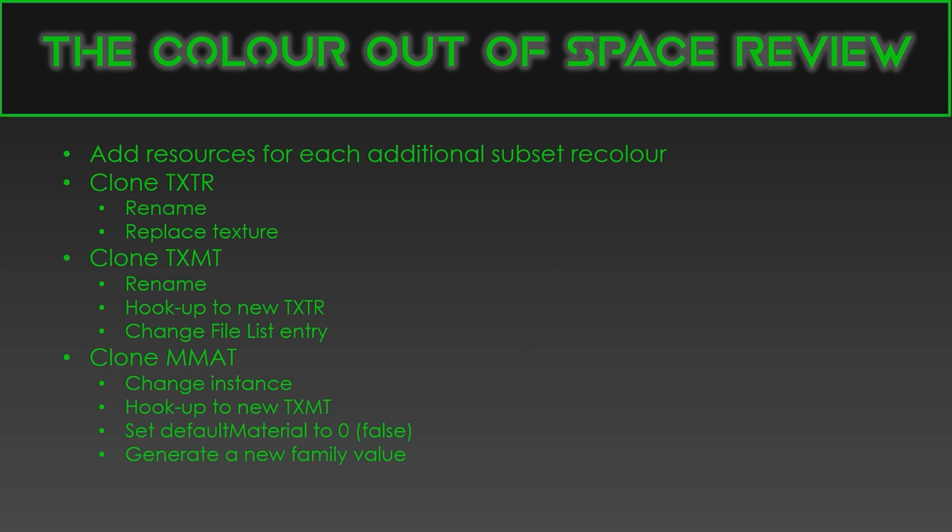Do it correctly, you change the file list entries, generate new family values, set the default materials, all of this. Had to do it all manually. It was very nitty-picky, you had to remember all the steps. What SceneGraph 2 allows you to do is go, I want to recolor and I want to use this graphic and I want to use that.